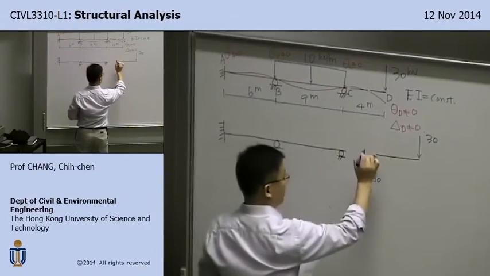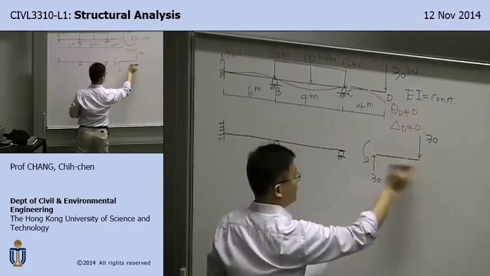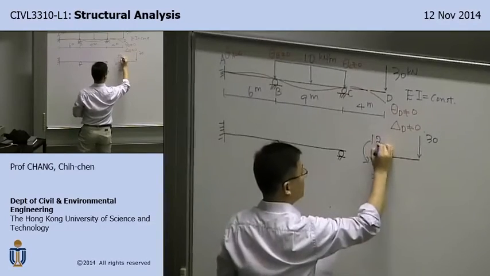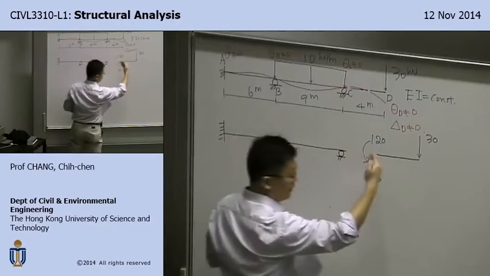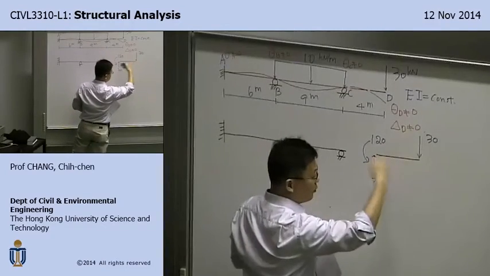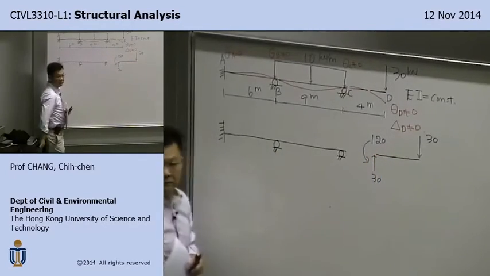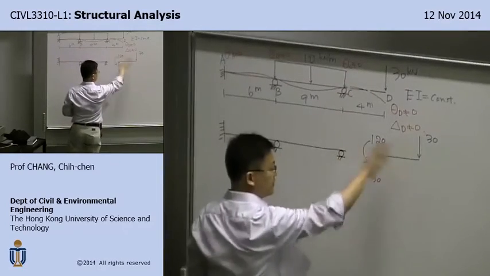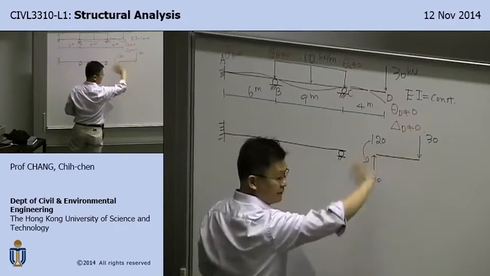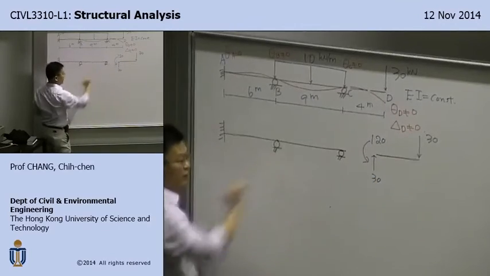And I know I'm going to need a bending moment of 30 times 4, 120, to balance that. That's what I mean. I know the shear force and bending moment inside this component. No problem. All right, so if that is the case, I can just take this away. Forget about it. That part is already known, solved.